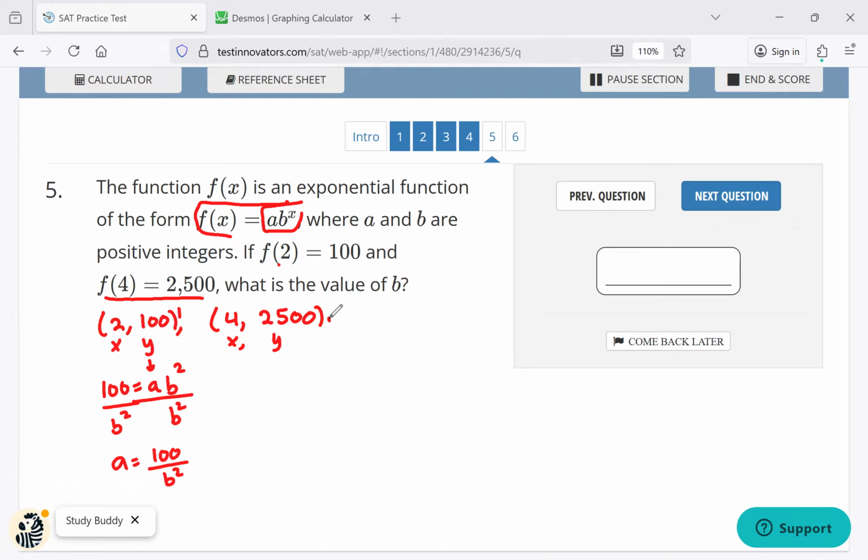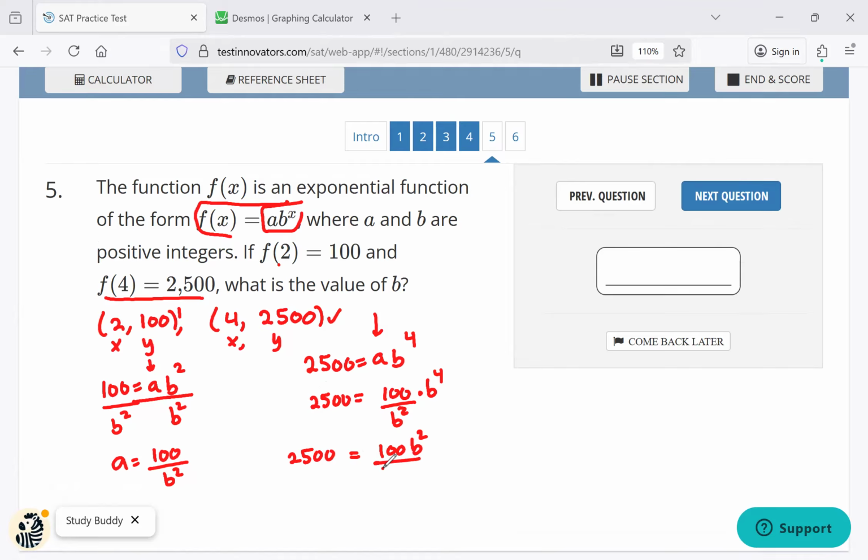Now go back to the other point and plug that into this equation. So it's 2500 equals a times b raised to the x. My x is 4. Then I can substitute my a with 100 over b squared, times b to the 4. b to the 4 divided by b squared is b squared, so it's 100 b squared.